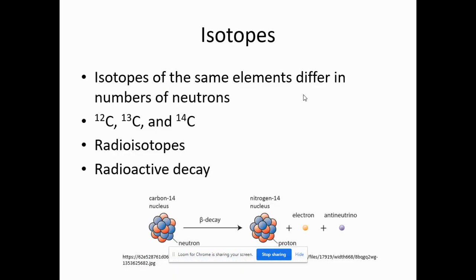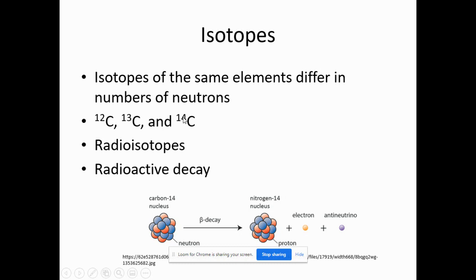Then we get into this idea of isotopes. What does it mean to be an isotope? Isotopes are the same element, but they differ in the number of neutrons. Here you have 3 examples: carbon-12, carbon-13, and carbon-14.